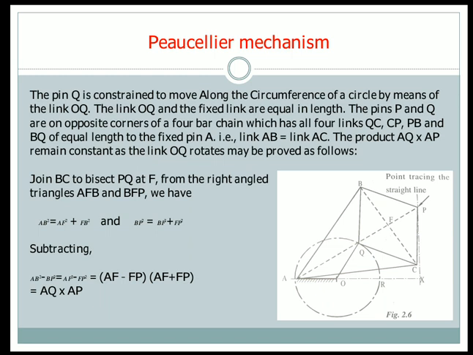Similarly, in triangle BFP, BP square is equal to BF square plus FP square. We shall subtract these two equations. AB square minus BP square is equal to AF square minus FP square. BF square cancels, so the remaining is AF square minus FP square.